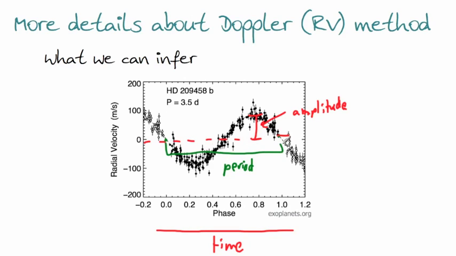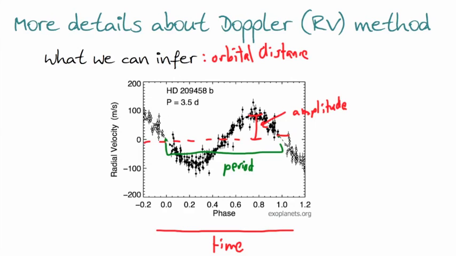If you measure this period and the amplitude, it turns out you can infer some stuff from it. What you can infer is actually its orbital distance, which is really cool. What I mean is that this unseen planet that's making the star do this, remember, we're only looking at the light from the star.